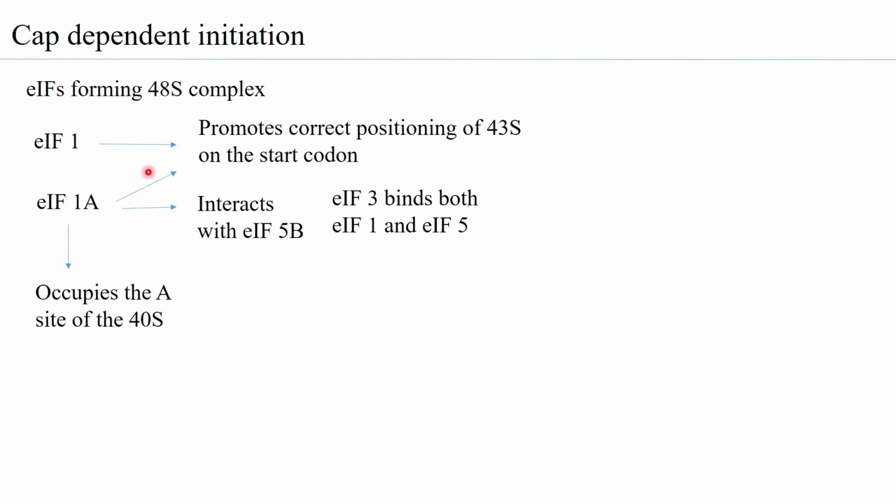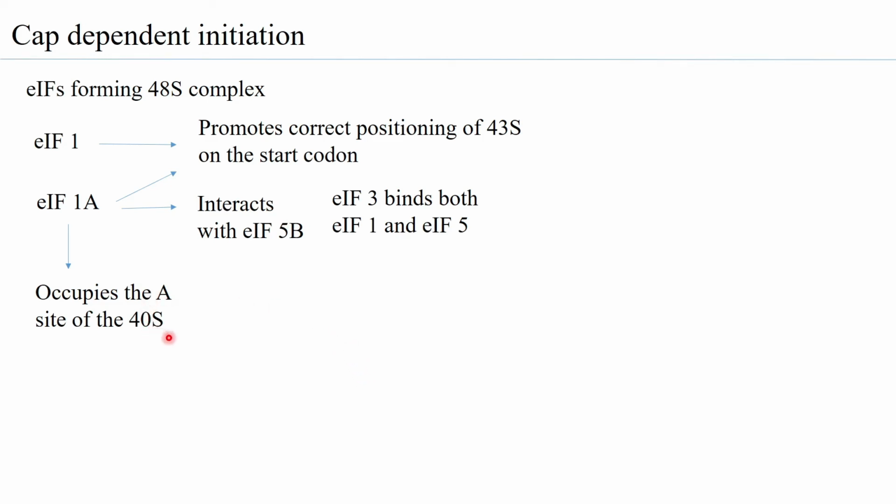And interestingly, eIF1A occupies the A site of the 40S. Since it occupies the A site of the 40S, no cognate tRNA can come and bind to the pre-initiation complex. So there is only one tRNA that can now bind to the ribosome, and that is the initiator tRNA, and that too has to be positioned at the P site and not the A site.